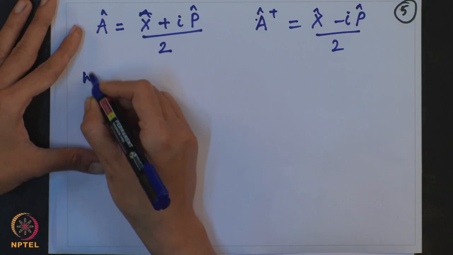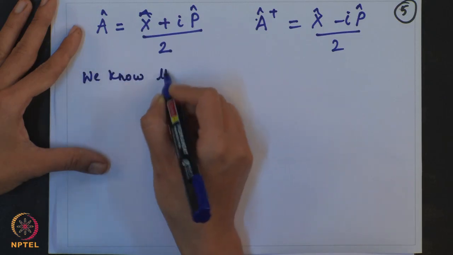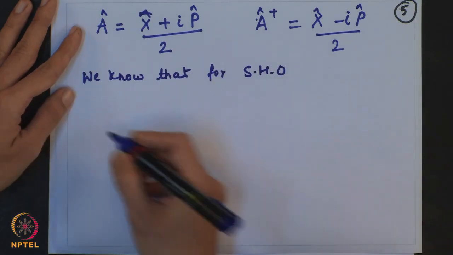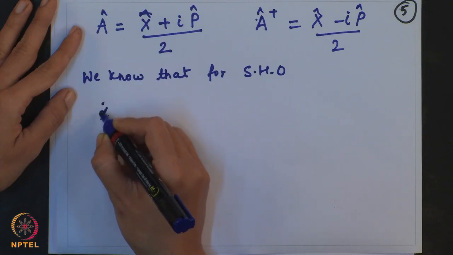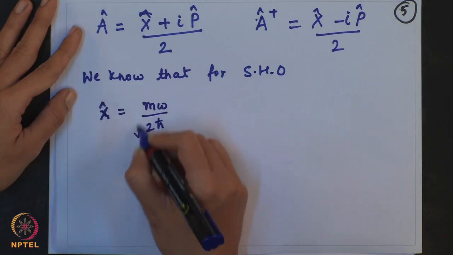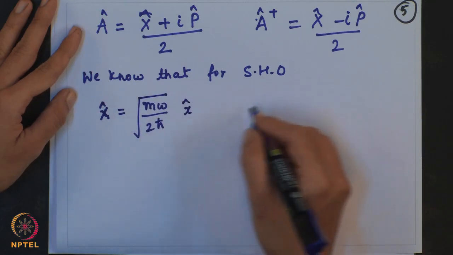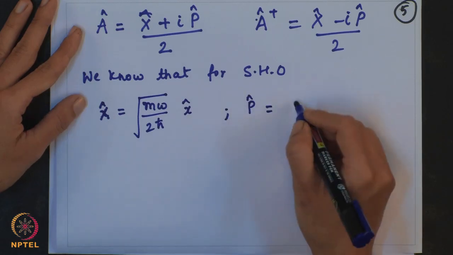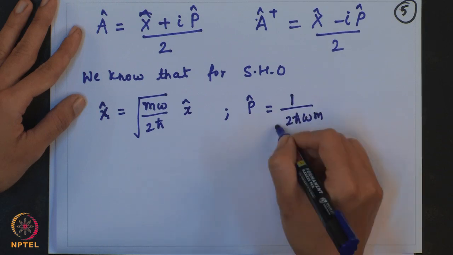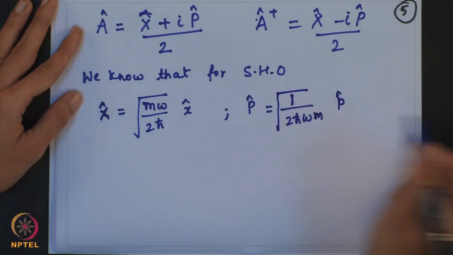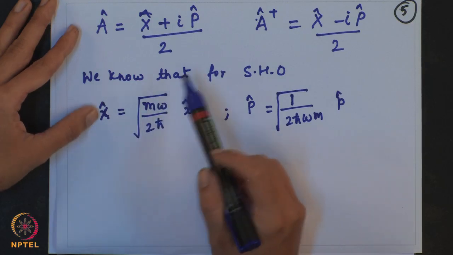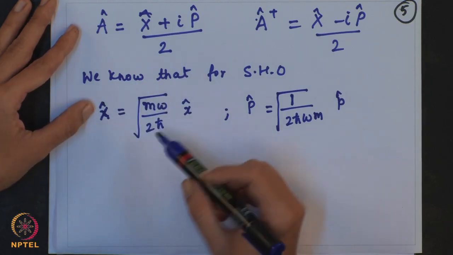So, we know that for simple harmonic oscillator we have this relation: capital X is nothing but the square root of m omega upon 2 h cross times x cap, and capital P is nothing but the square root of 1 upon 2 h cross omega m times p cap. So, capital X and small x are related by this relation. Okay. We have defined capital X in terms of dimensionless variable.